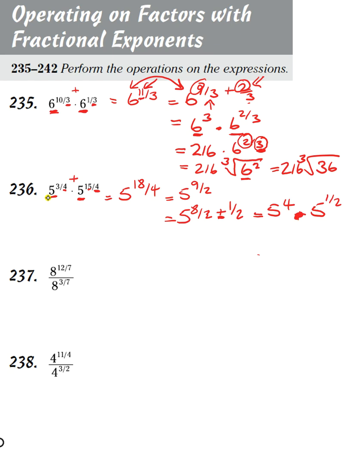Right, so we get 5 to the power of 4. Where did we get the 4 from? We got it from this 8 divided by 2, and then it's multiplied by 5 to the power of a half. So we've got it back out again. So now we just have to solve it. We're going to get a whole number from this, and then a radical, because we've got a fraction here.